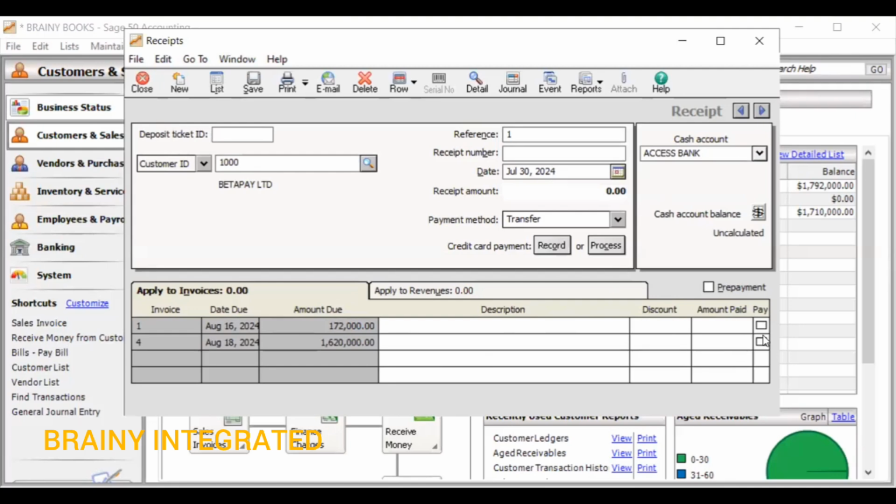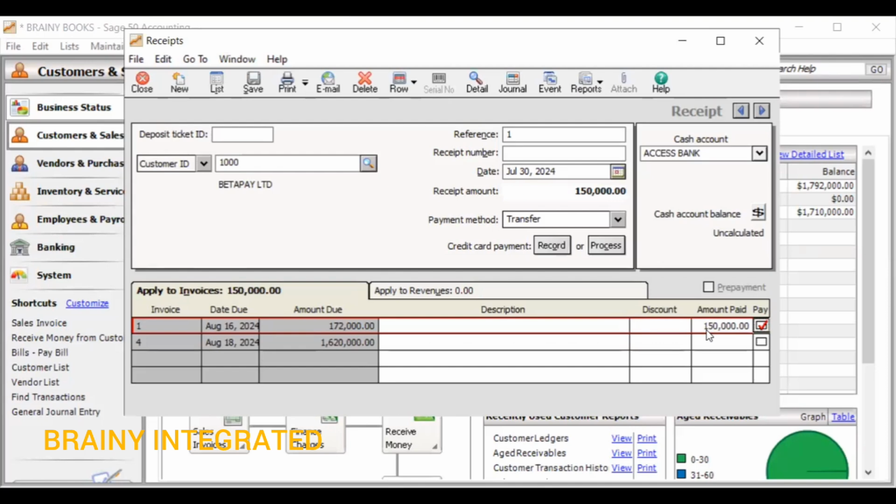Let me explain the difference. When there is a discount, probably, or the guy did not pay the full amount and you want to collect just a fraction of it, you can enter the amount here. Let's say he's paying 150,000. I'll type it in the amount paid and I'll tab. Now it has recorded, it will pick 150,000. We don't even know, maybe there's a discount, but that's what is paying at the moment.